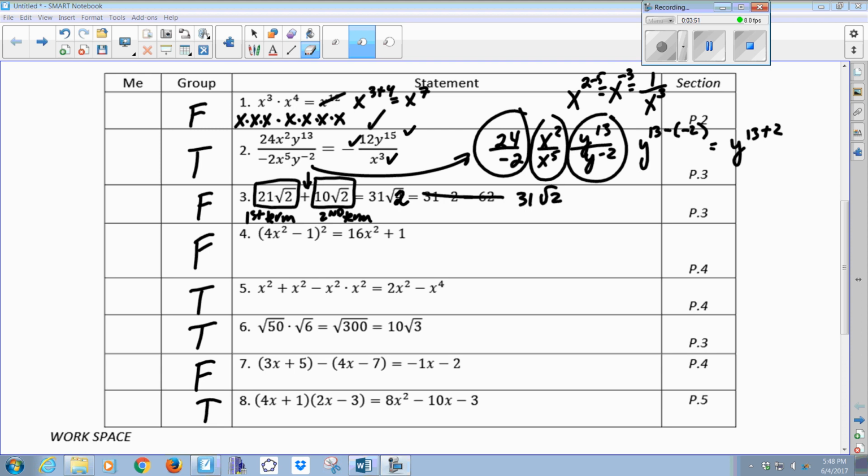Now number 4 is a big concept for you to clearly straighten out in your mind, the difference between something like this and something like this. In this problem here, we're dealing with exponent properties because everything you see inside the parentheses involves multiplication.